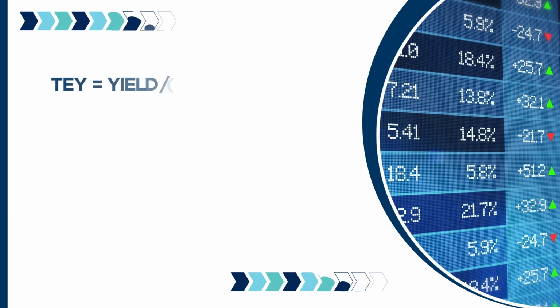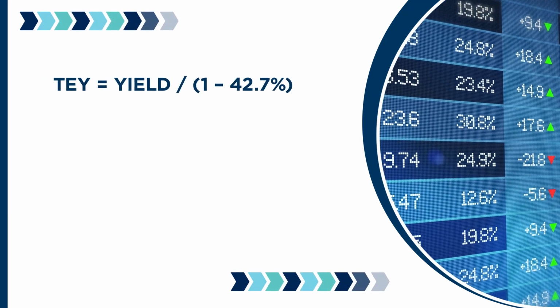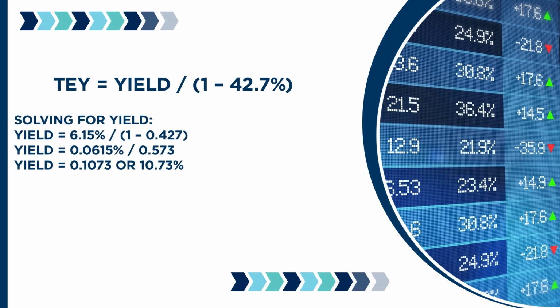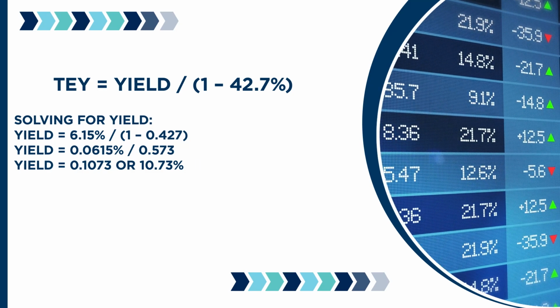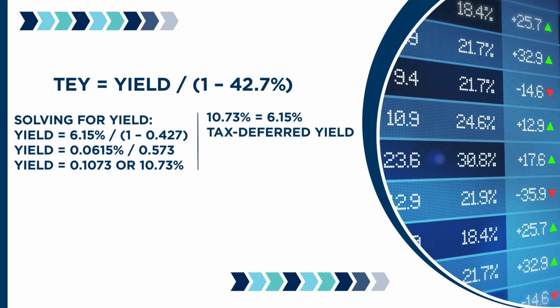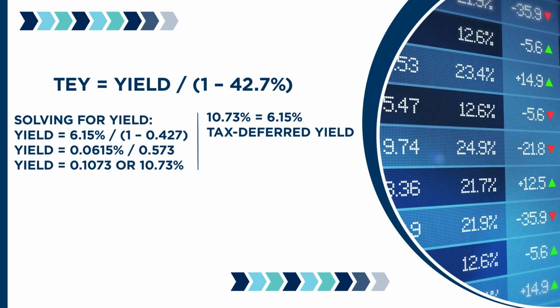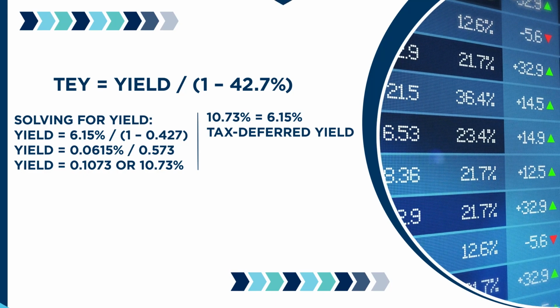In this example, your taxable investment would need to yield approximately 10.73% to be equivalent to a 6.15% tax-deferred yield, highlighting the additional impact of state tax-advantaged products.